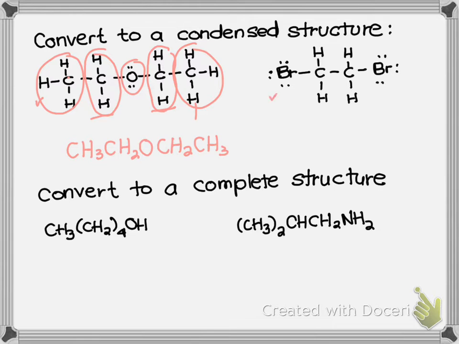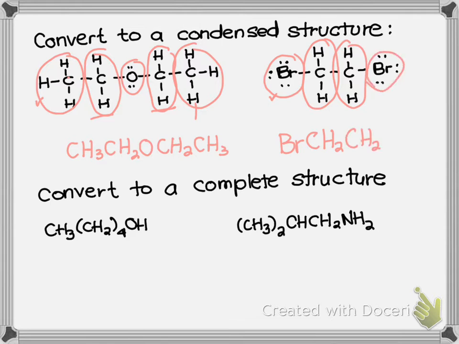So let's do the second one. So I have a bromine, and I remember I'm not going to write the lone pairs. Then I have a CH2. Then I have a CH2. Then I have a Br.